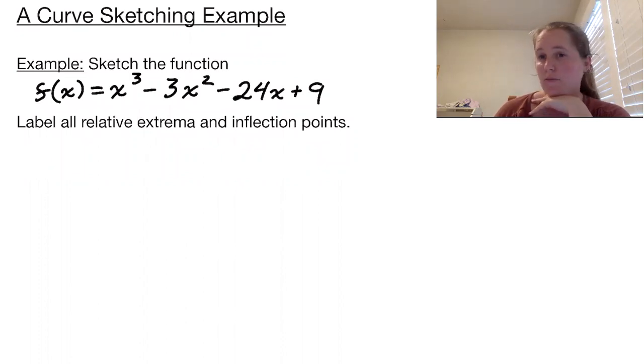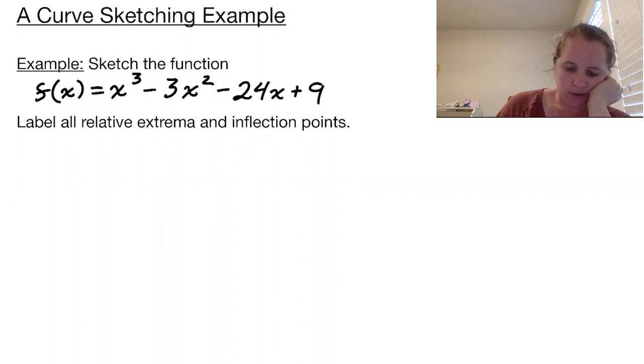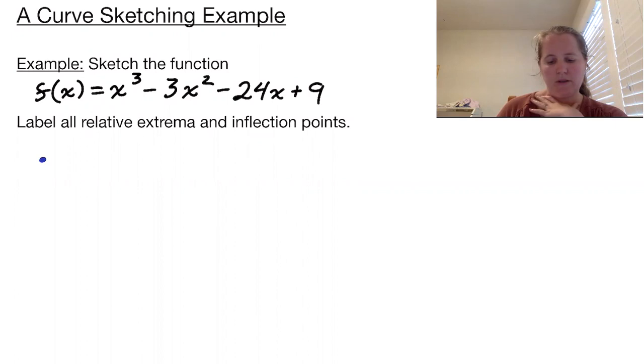So to sketch this graph, we need to find f prime, make the number line, find f double prime, make the number line, and then put it all together. So let's first essentially make the increasing, decreasing number line.